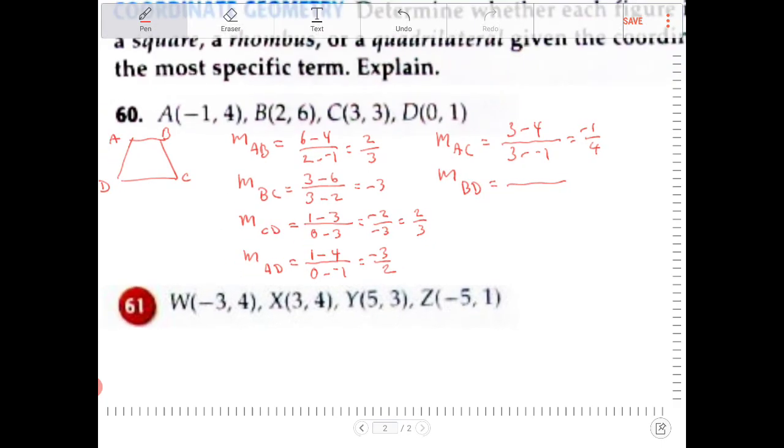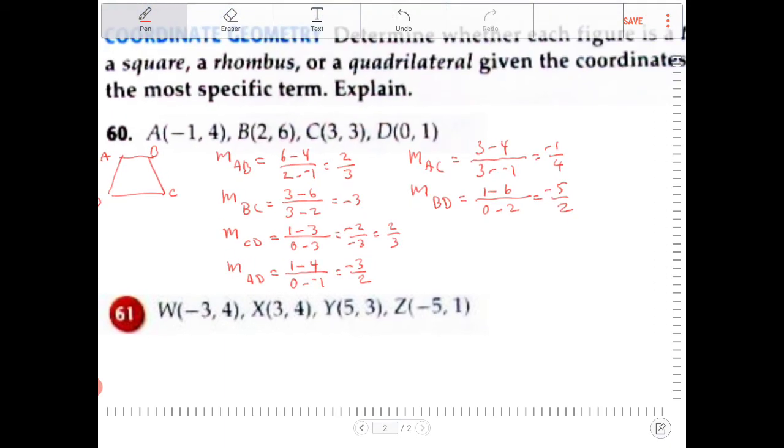If the slopes are negative reciprocals, then this could potentially be a kite, because in a kite, none of the sides are parallel. So let's do BD, which is 1 minus 6, all over 0 minus 2, and this is going to be negative 5 halves. So no, it's not. So this is just a quadrilateral then.